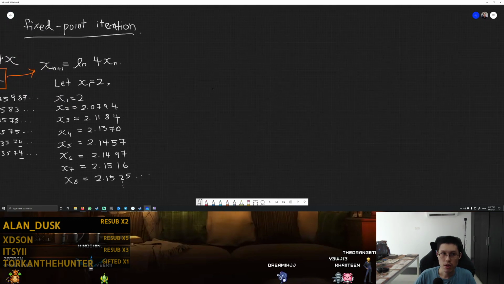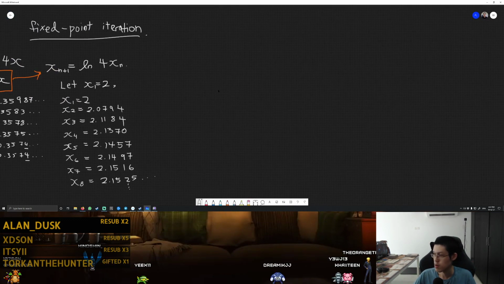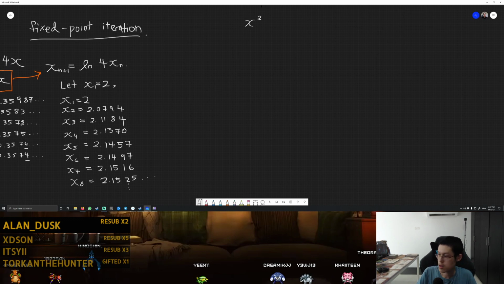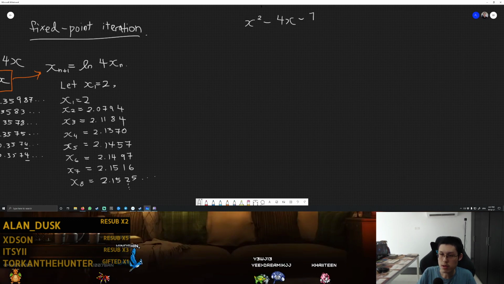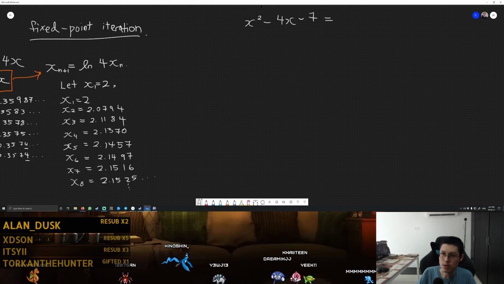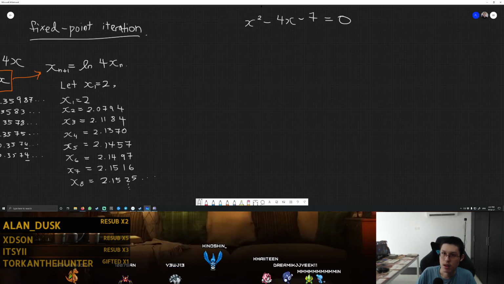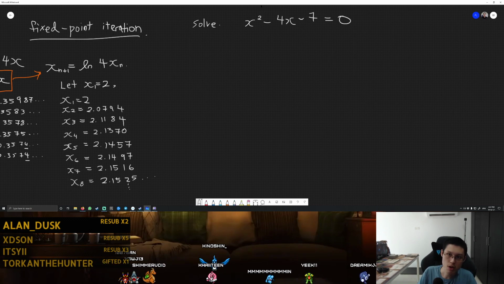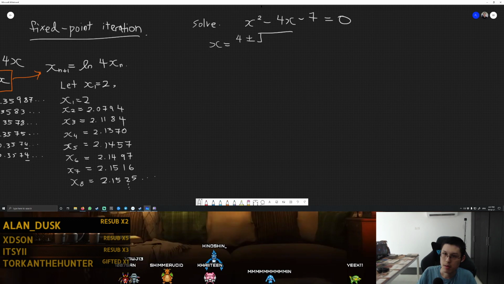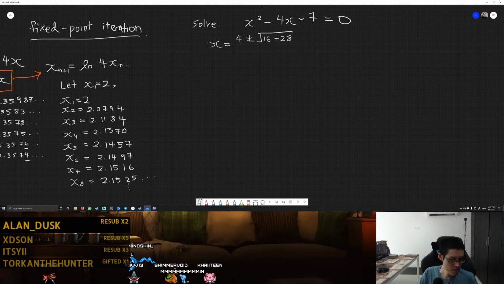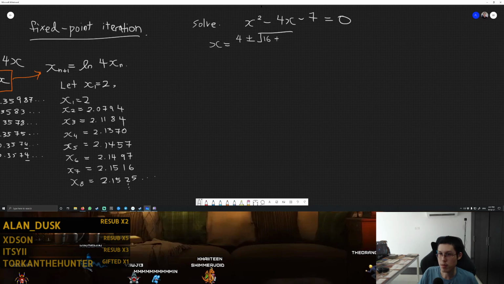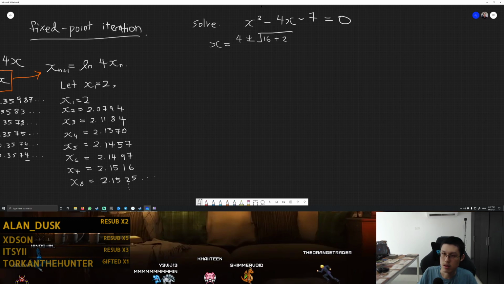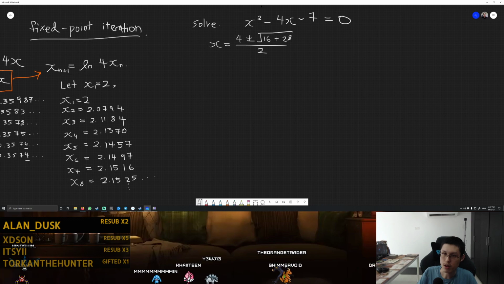Right, so let's say we have some quadratic, let's say x squared minus 4x minus 7 equals 0. Okay, so you're going to solve this. Normally you would say x is negative b plus minus root of b squared minus 4ac, plus 28, over 2a.